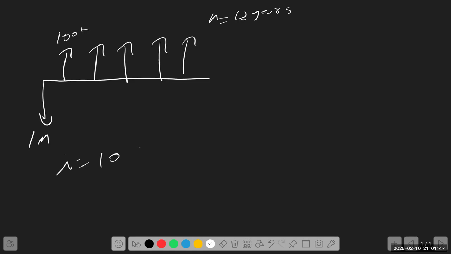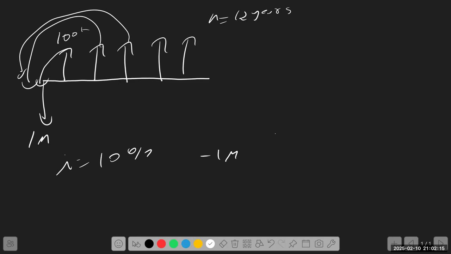Suppose the applicable interest rate is 10% annually. How will we calculate whether this business is profit or loss? We will bring all this cash flow into the present value, year by year. The first 1 million is already in the present value; that is my investment.